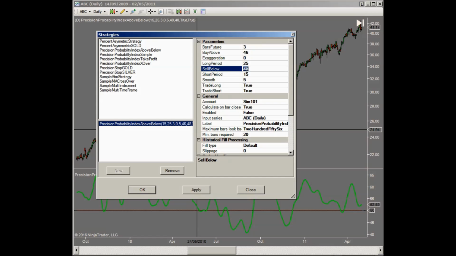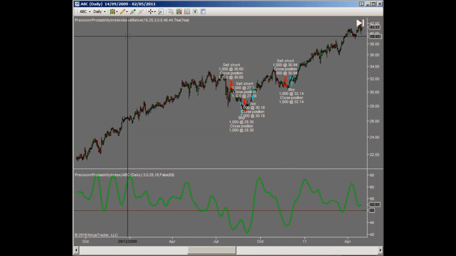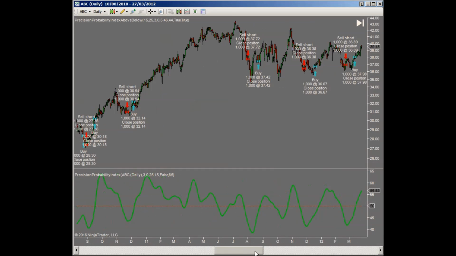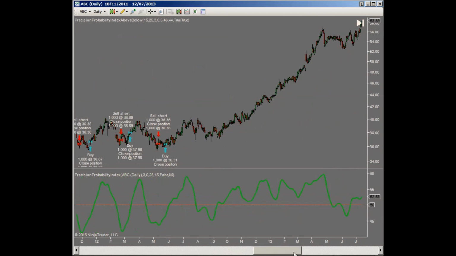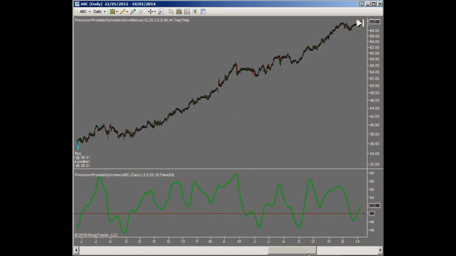So the dead spot is bigger. This will again reduce the number of trades and increase the ease at which it buys, and it makes it harder for it to go short. If this stock was in a downtrend, the wise thing to do would be to do that the other way around, if that makes sense.